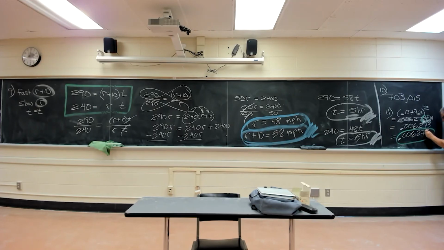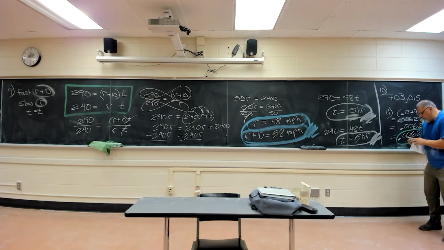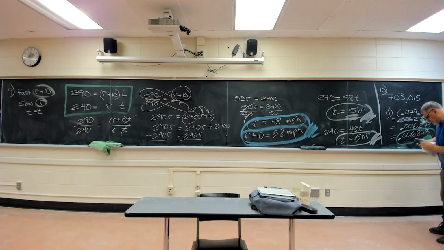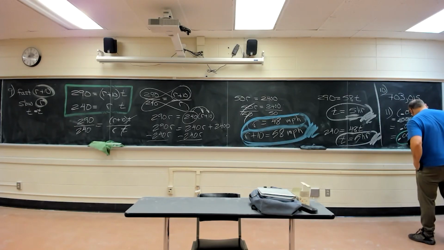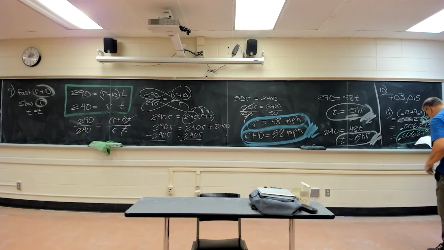So 3 is pretty important. So that's 11. 0.006273.